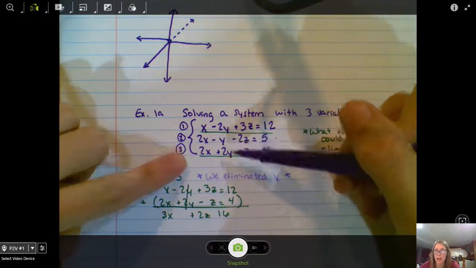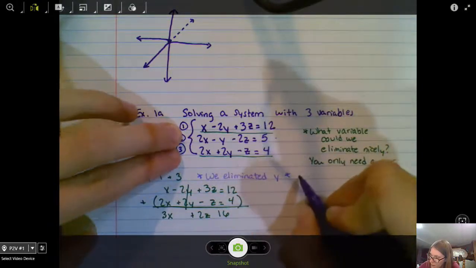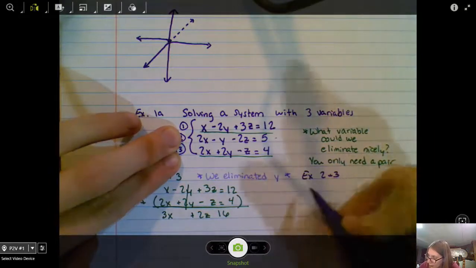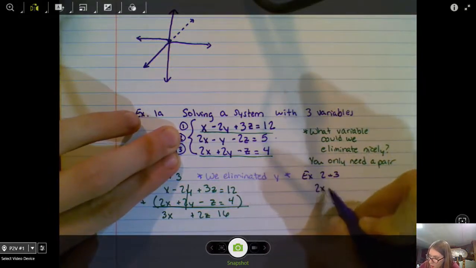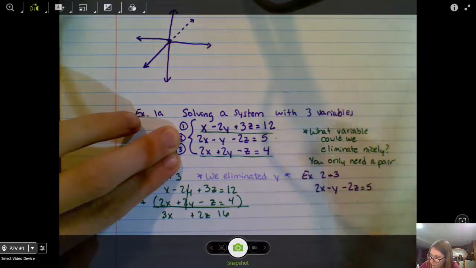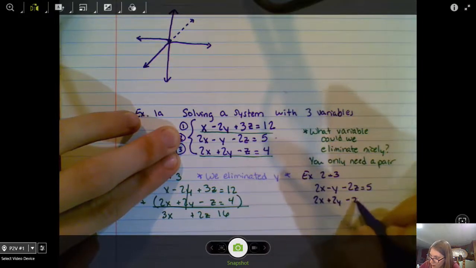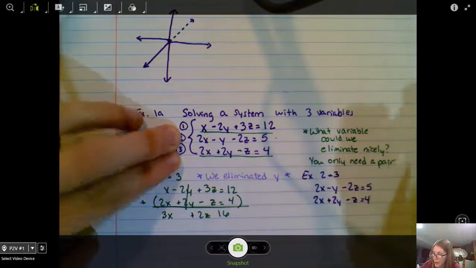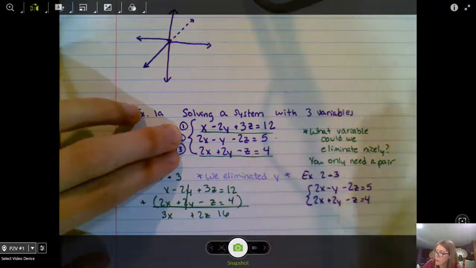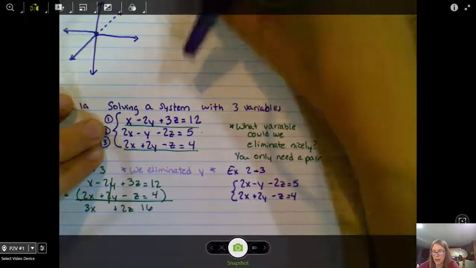So I have a negative y and then I have a positive. So equations 2 and 3 now. 2x minus y minus 2z equals 5, and 2x plus 2y minus z equals 4. Again, just rewriting my two equations here. But right now my y's cannot be eliminated.